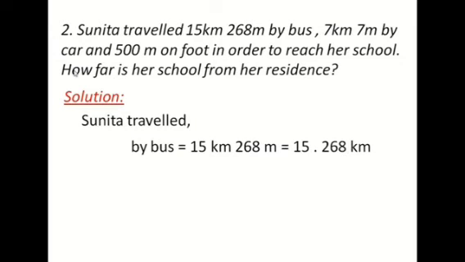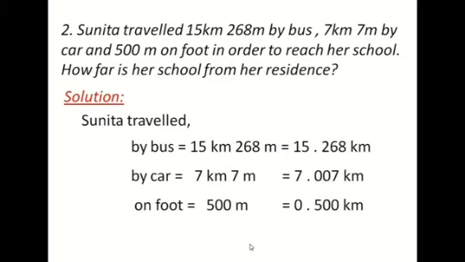Now by car, how far is it? 7 km 7 meter. So 7 meter means 7 by 1000 kilometer, so 7.007 kilometer. On foot, how far? 500 meter. So 500 meter means 500 by 1000, so it is 0.500 kilometer.